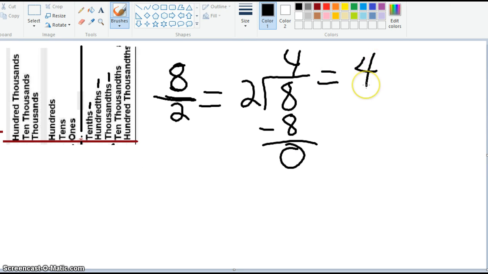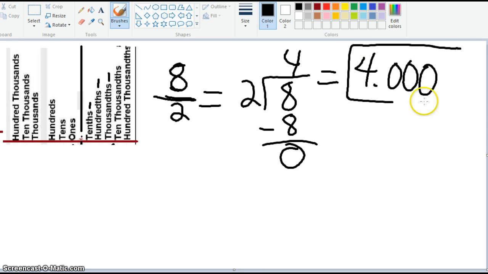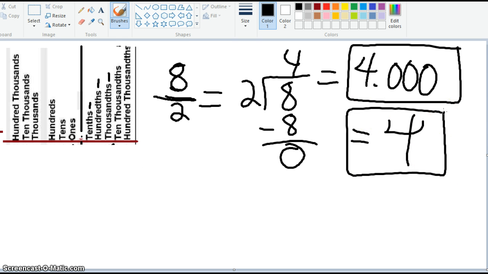you would show me the answer as 4.000. Okay? And the reason is, again, although it's understood that this is the same thing as saying 4, what I want you to understand is that even with whole numbers, that just means that there are no remainders, so all the other values after this are going to be 0, 0, 0 onto infinity.